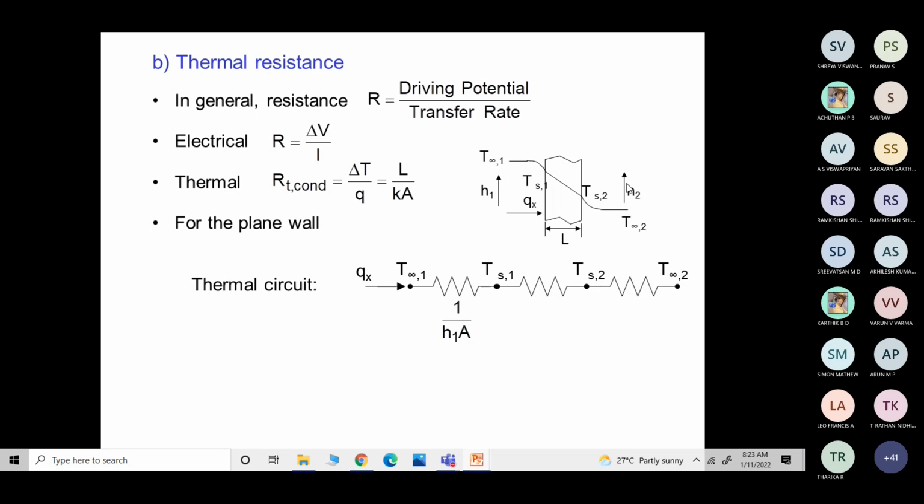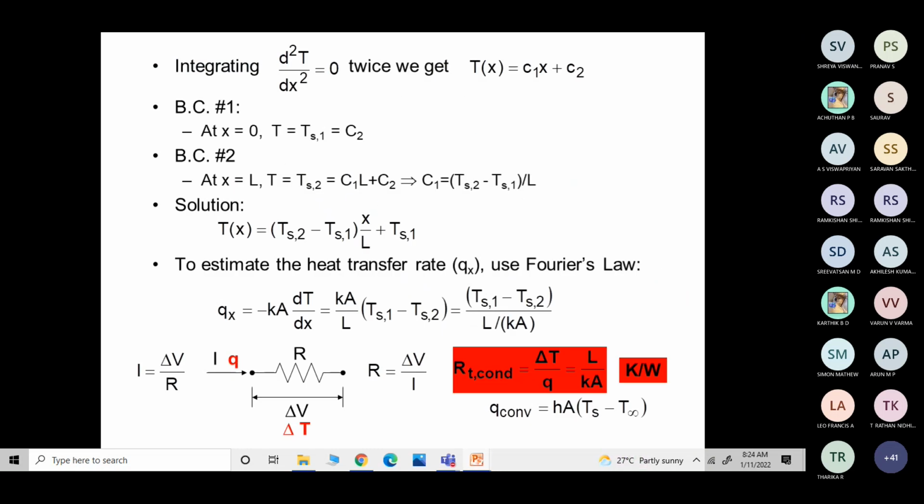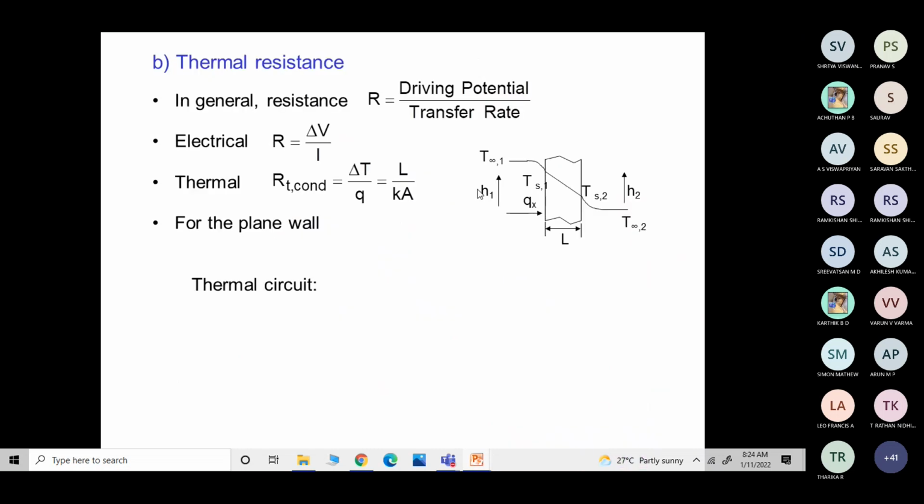The convective heat transfer coefficient of the fluid on the left hand side is h1, and the convective heat transfer coefficient of the fluid on the other side is h2. Then instead of one single resistance like this, we will be having three resistances: the convective resistance on the first side, the thermal conductive resistance, and the convective resistance on the second side.